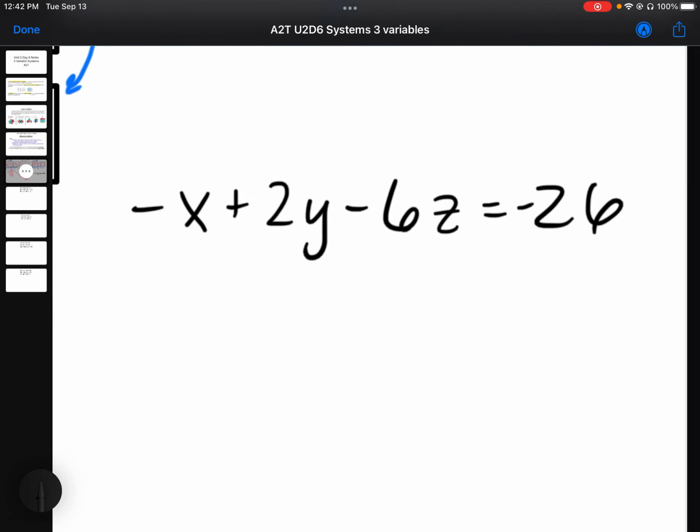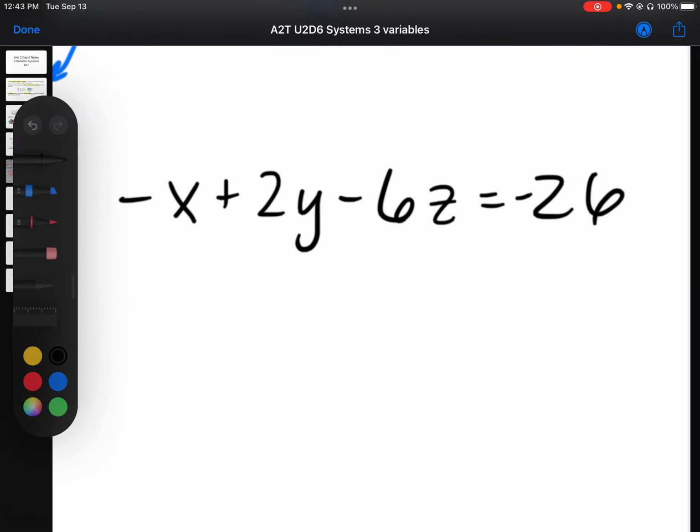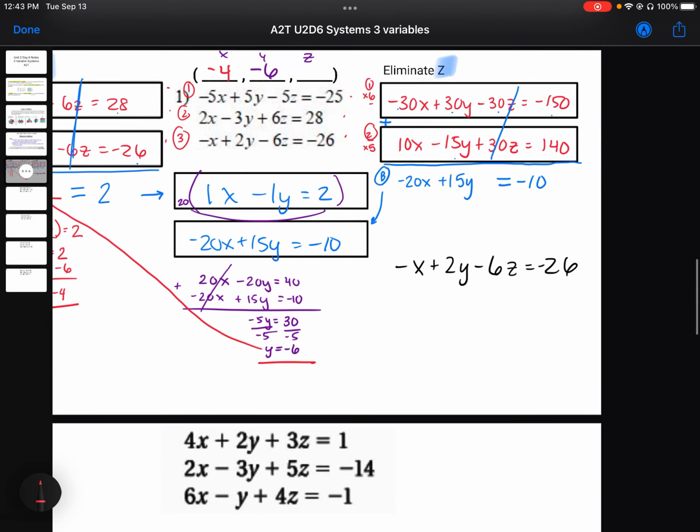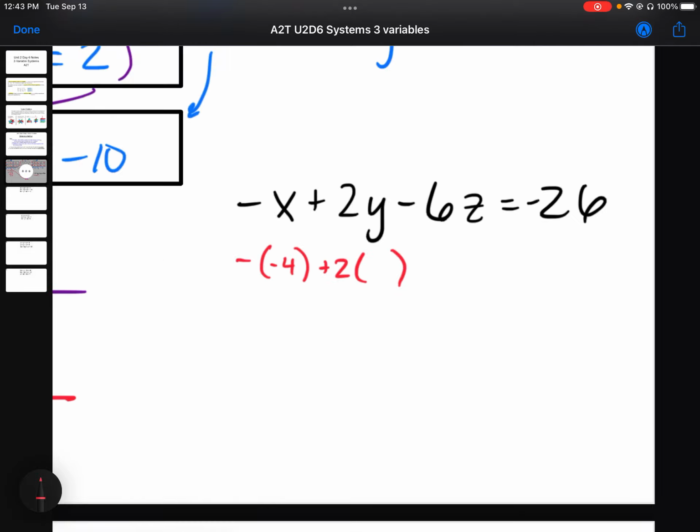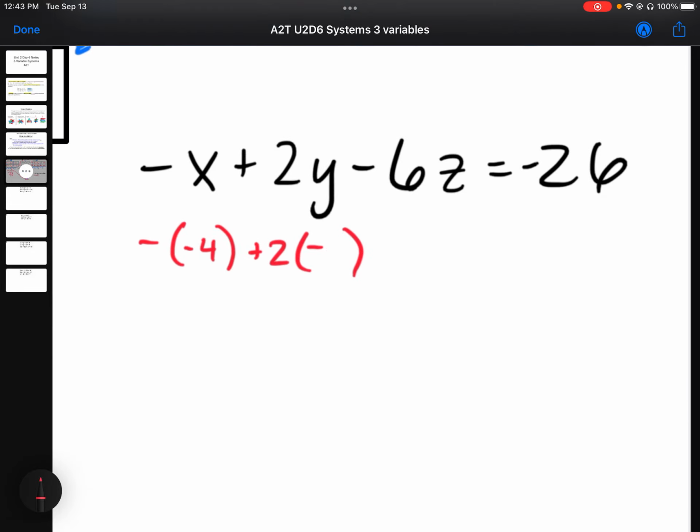And I'm going to substitute in. I know that x is negative 4. So I have negative and then negative 4, plus 2 times y, which is negative 6, minus 6z equals negative 26.